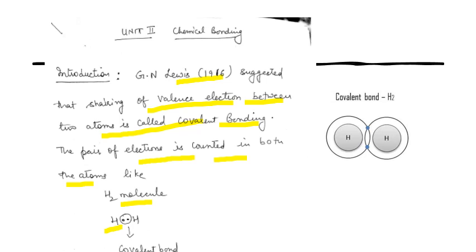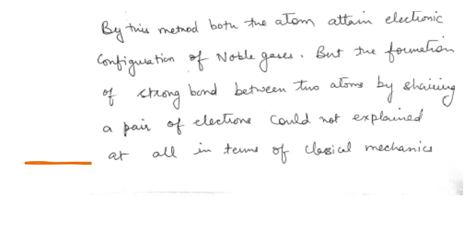Here also you can see the sharing of the electrons by the two hydrogen atoms forming the hydrogen molecule. By this method, both atoms attain the electronic configuration of the noble gases, which is responsible for their stability.